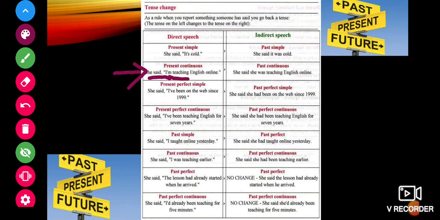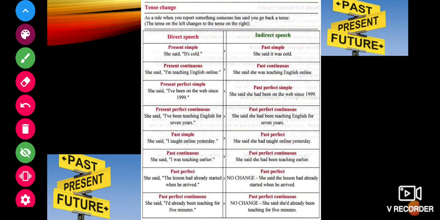She said, "I am teaching English online." "I am" is changed to "she was." Note that the pronoun here is also changed. Here we have "I" in the direct speech. In the indirect speech, we have "she." We have used "she" because "I" is actually referring to she.